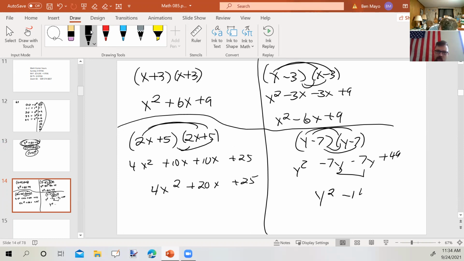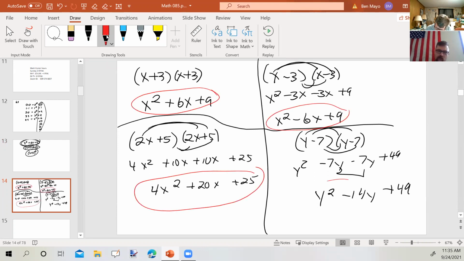Y squared minus 14y plus 49. I basically wanted to get a bunch of examples down there to look at. Now there's a pattern. Let's look at these answers, okay? Those are all perfect square trinomials because they all came from 2 identical factors, okay?